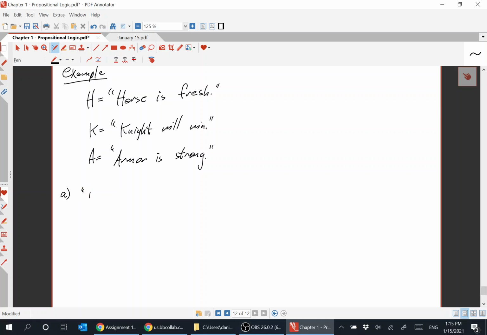So if the horse is fresh, then the knight will win. So what's a propositional logic statement that is equivalent to this statement?